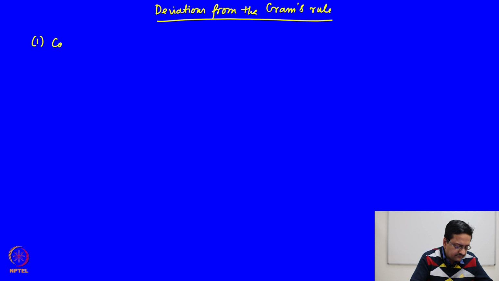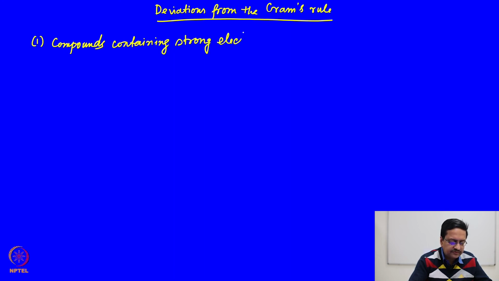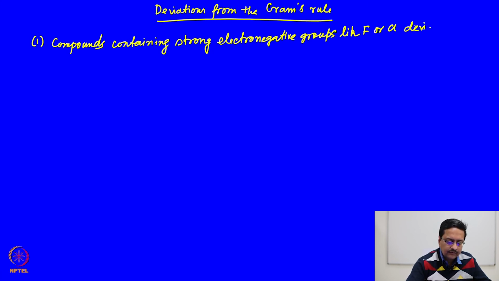The compounds containing strong electronegative groups like fluorine or chlorine deviate from Cram's rule.